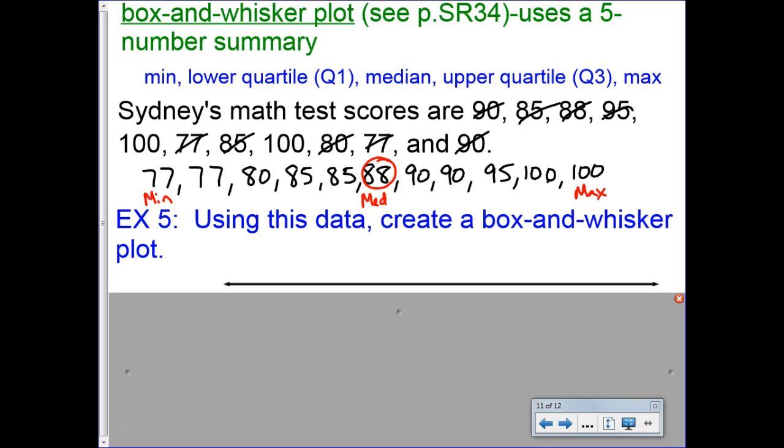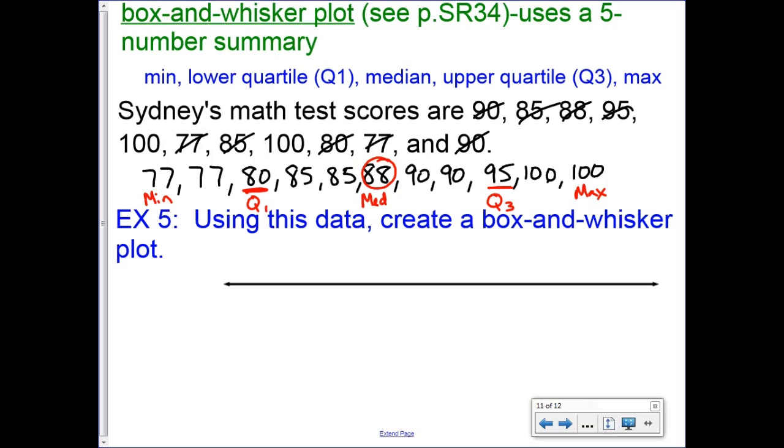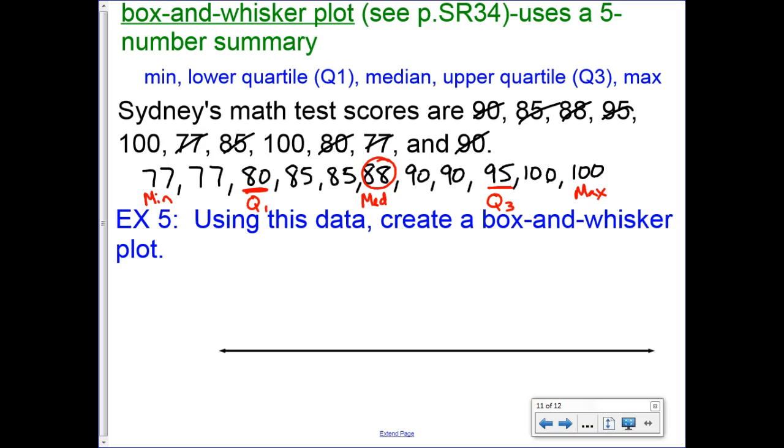So since we have this single number here for 88, I'm not going to include that. So I'm going to find the median of this first half of the data. And so the median here is 80. That's my Q1. The median of the second half of the data is 95. That's my Q3. So just the middle number of the remaining data.